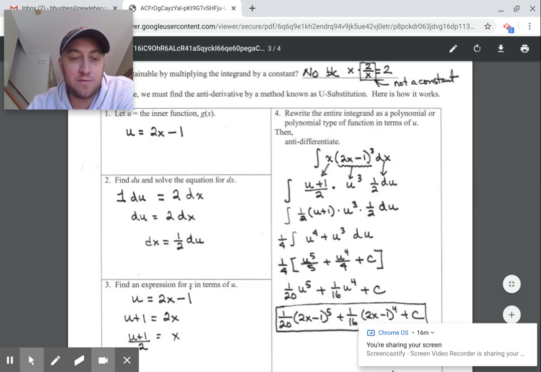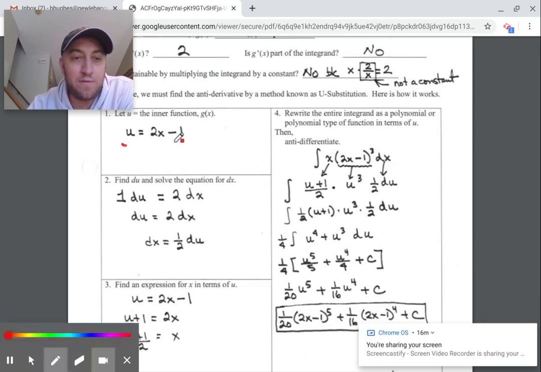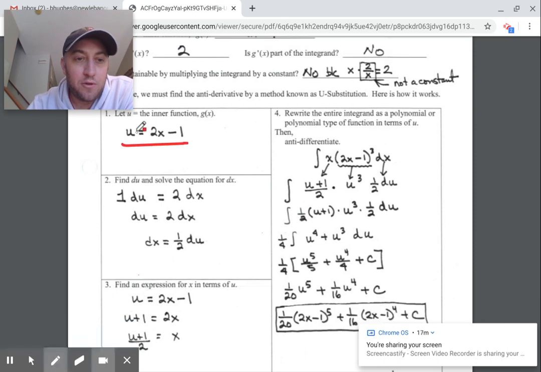Find an expression for x. Or I guess I can just go ahead and take the derivative of this right here. So the derivative of u would be 1 du, because I took the derivative with respect to u in this case. And then over here on the right-hand side, the derivative of 2x minus 1 would be 2, and then with respect to x, because that's what I took the derivative of.